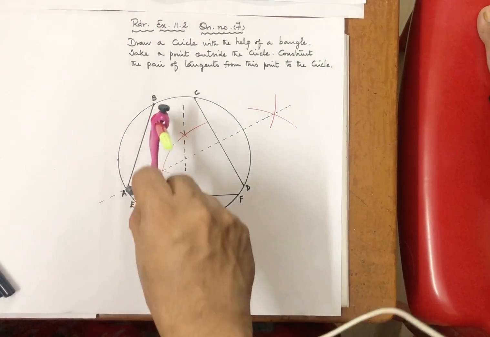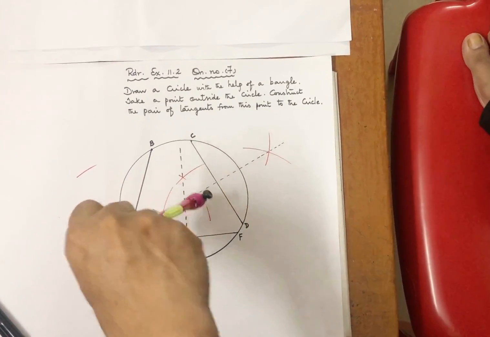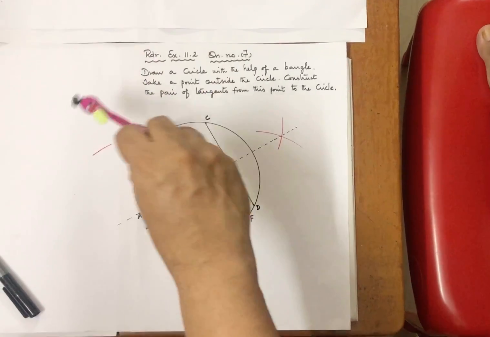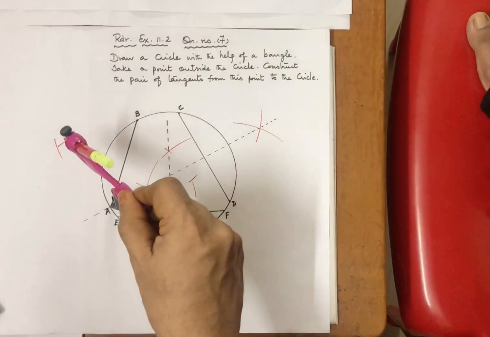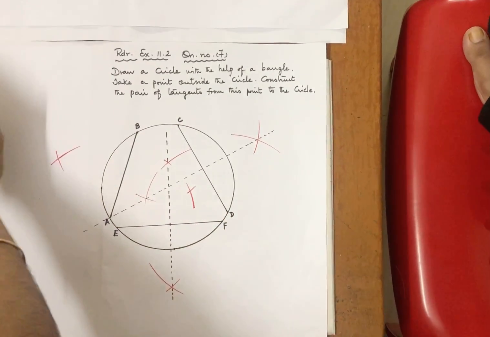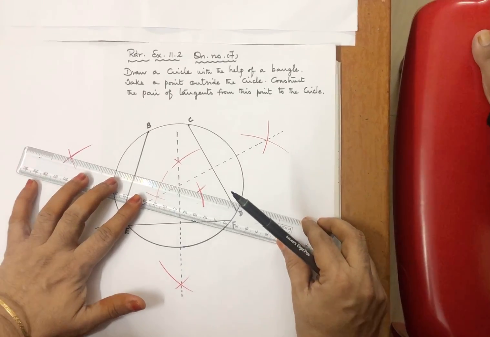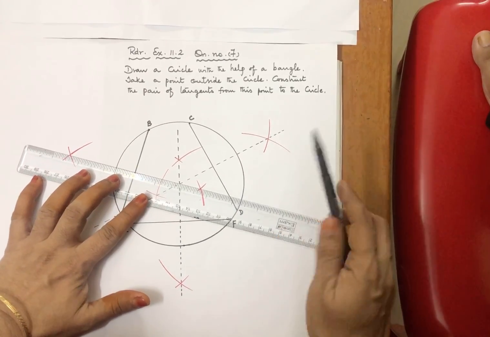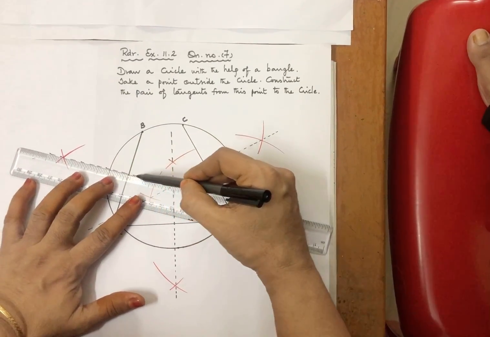This construction you have already done in 9th standard. Finding the center of the given circle. So it is repeated here. Indirectly he is asking you to find the center of the circle.